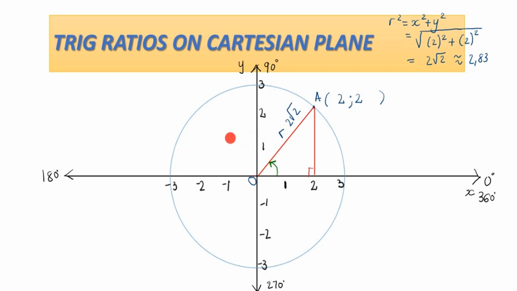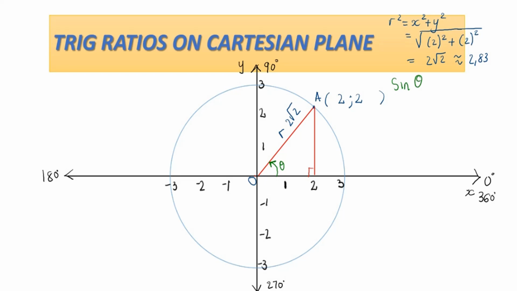You only move in a clockwise direction when you're dealing with negative angles. But for now we're dealing with positive angles, so the angle theta is measured from the positive x-axis in an anti-clockwise direction. So if we call that angle theta, what would then be the sine of theta?